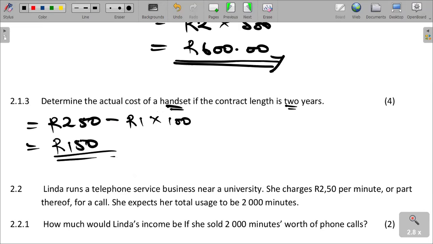We are looking at the monthly charges there, and 150 must be multiplied by 2 years, which is 24 months. 150 multiplied by 2 years is equal to 24 months.